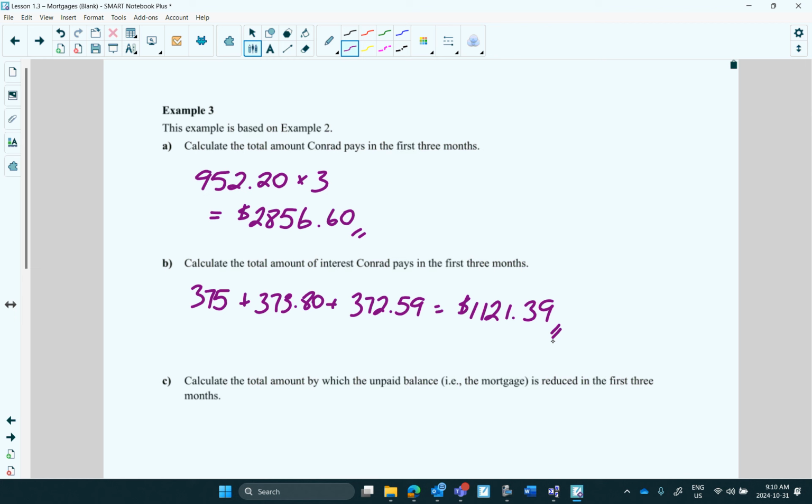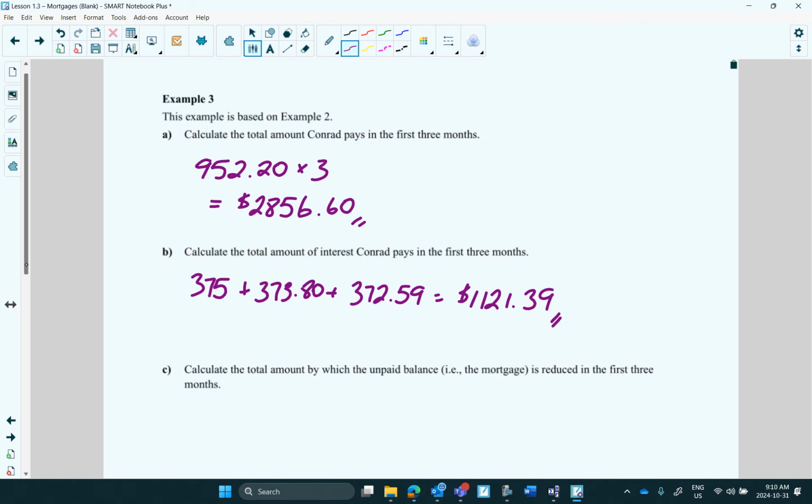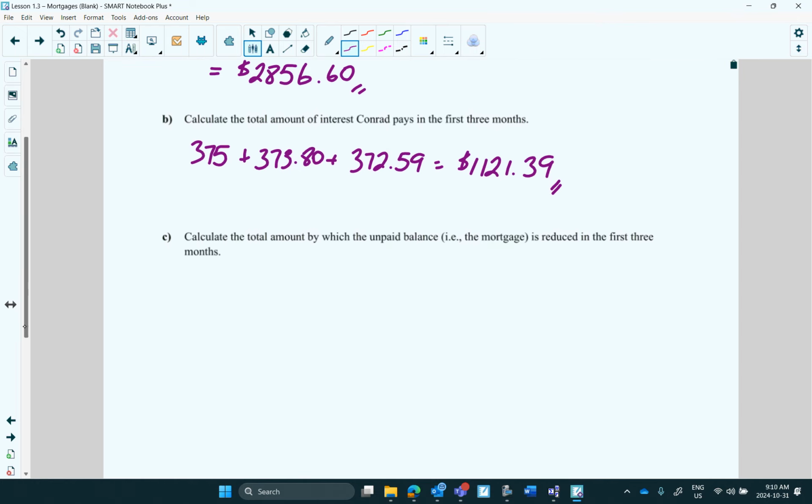And finally, we want to calculate the amount by which the unpaid balance or the mortgage, the loan, has been reduced. So going back to the table, well, we started at what? What did the loan start at? 180,000. How much is the loan now after three payments? That's what we have to subtract away.